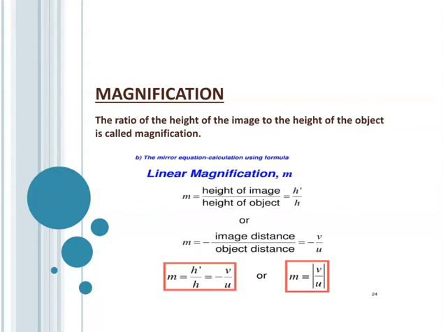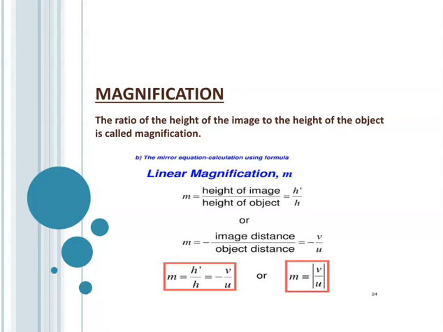Now how to define the term magnification? It is defined as the ratio of height of the image to the height of the object, and magnification is denoted by letter m.